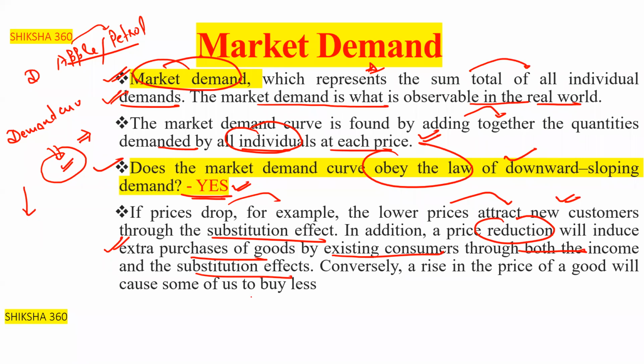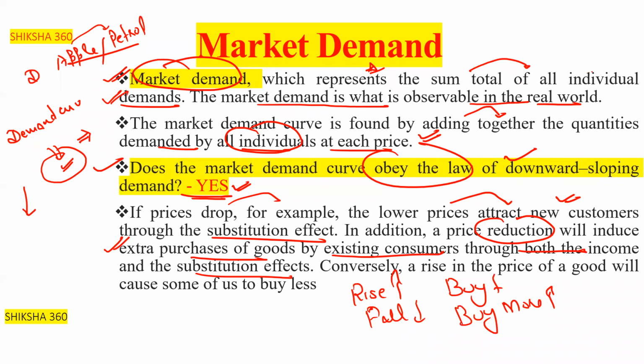Conversely, if there is a rise in price, some of us will buy less. If the price falls, we will buy more. So here we have discussed what market demand is.